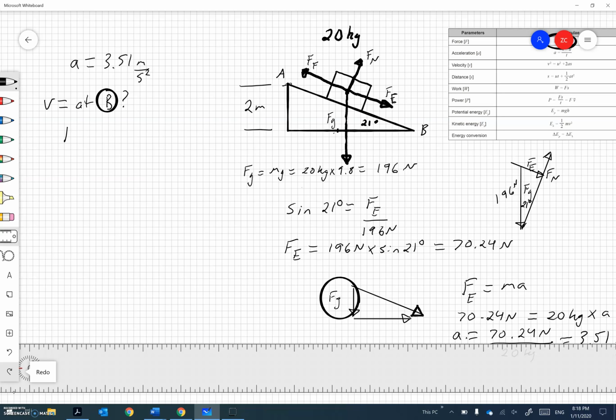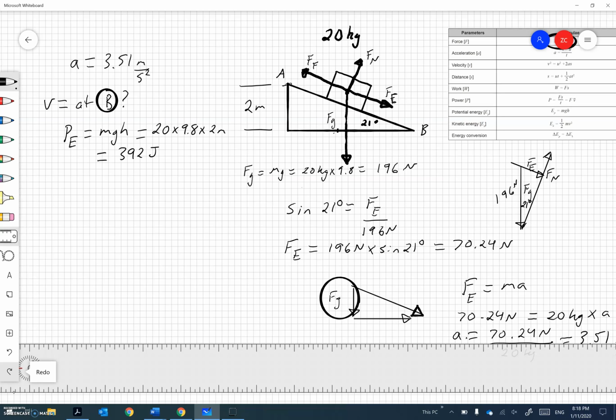So we know that potential energy is equal to mass times gravity times height, which is equal to 20 times 9.8 times 2 meters. So that's 392 joules.